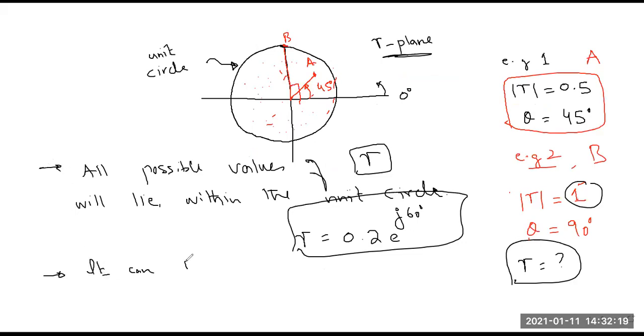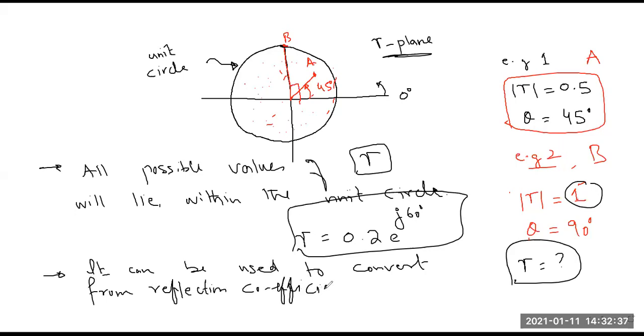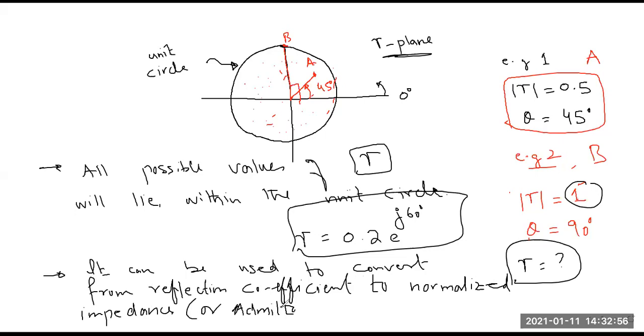The Smith chart can be used to convert from reflection coefficient to normalized impedances, and we will also consider admittances as well.